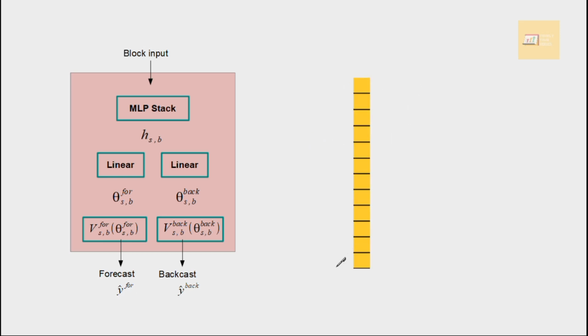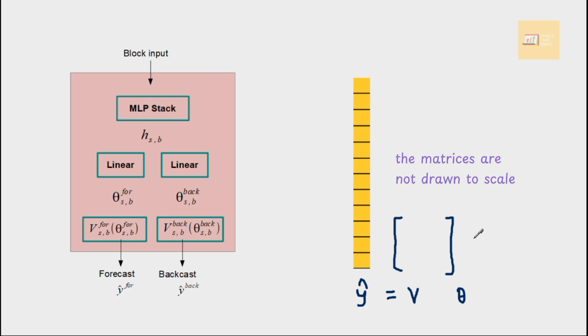Let me draw it here. So y hat, illustrated by this yellow array, equals V times theta. And just like in matrix multiplication, if we multiply element-wise the first row of V and all the elements in theta, we will get the first element of y hat here.